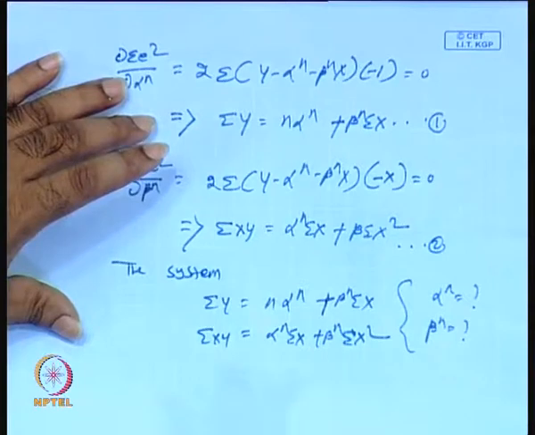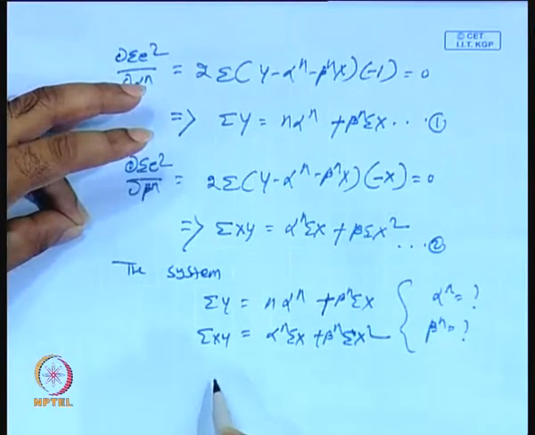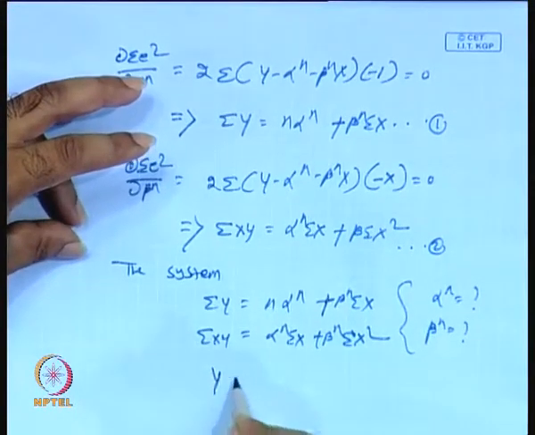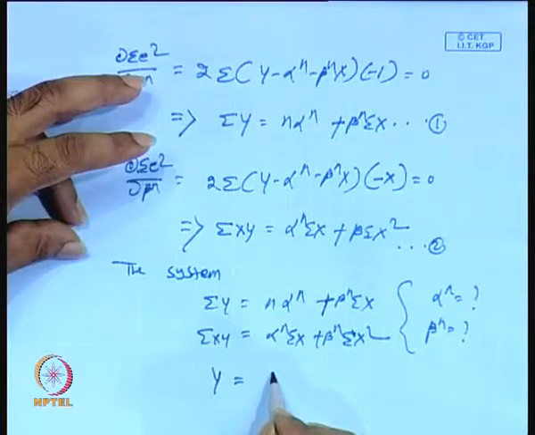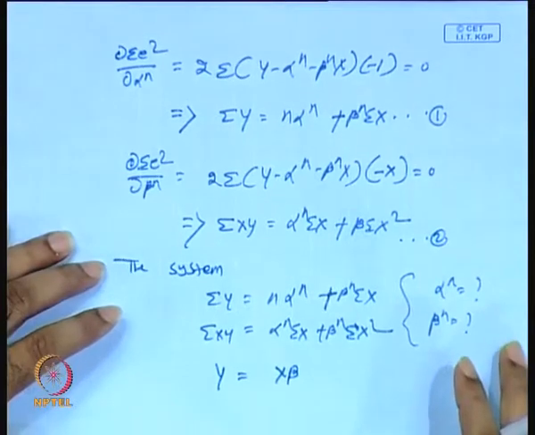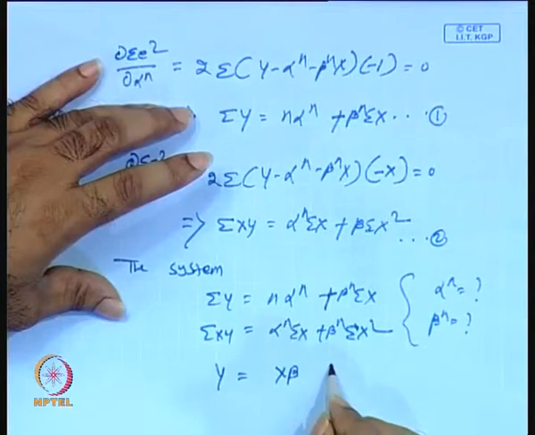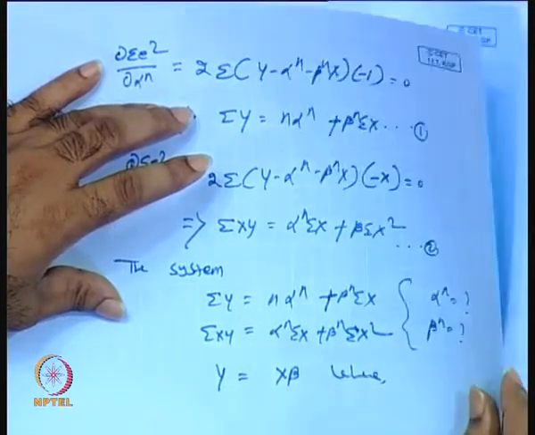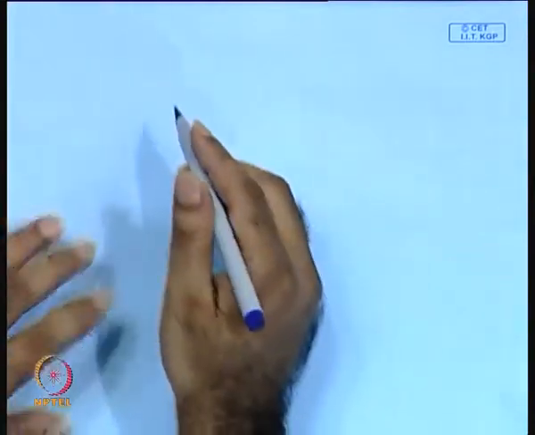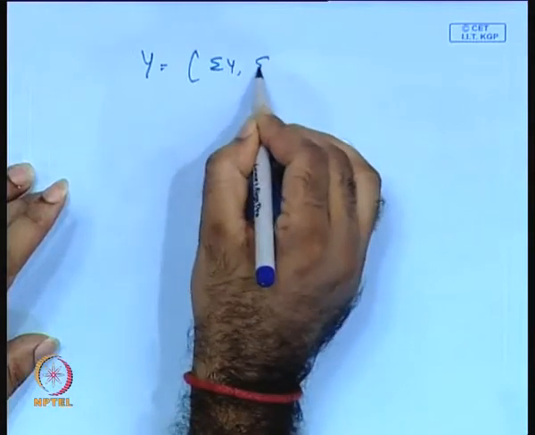So, I will put this concept into matrix format. This is simply y equal to x beta. Here y is summation y and summation x y.